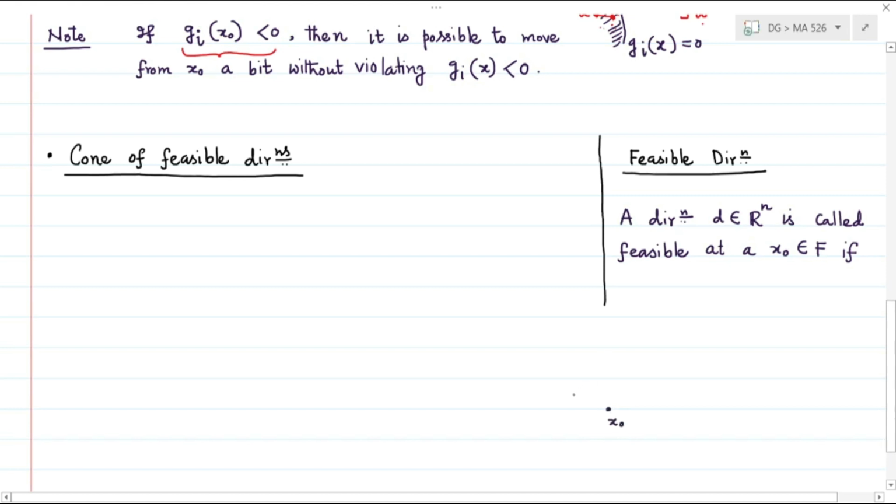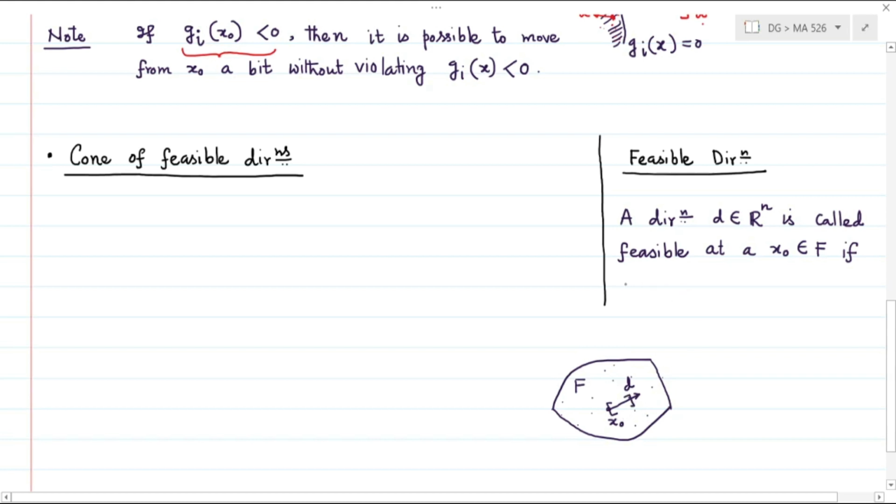So let's suppose my feasible set is this set. Let me typically draw a feasible set. Let me say this is my feasible set, capital F, the set of all points inside this bounded region. Now a point x0 is given feasible, and at x0 a direction d is called feasible if there exists a line segment starting from x0 along the direction d such that the line segment is wholly lying inside the feasible set. Now mathematically, how can I present this?